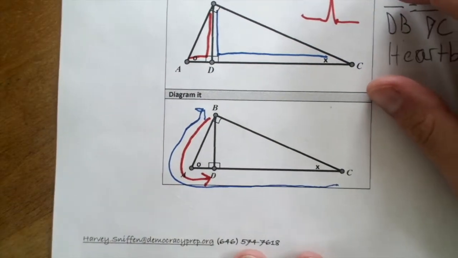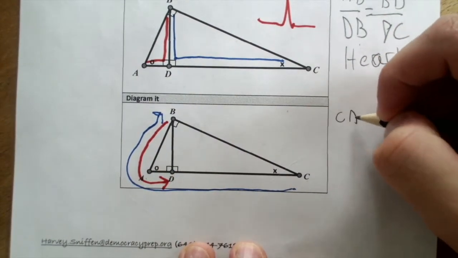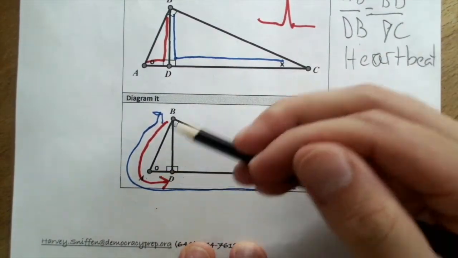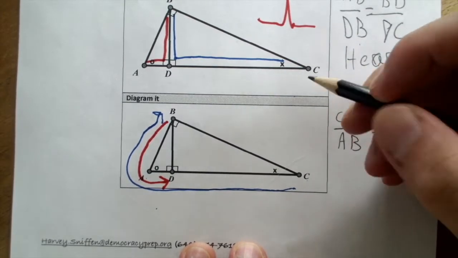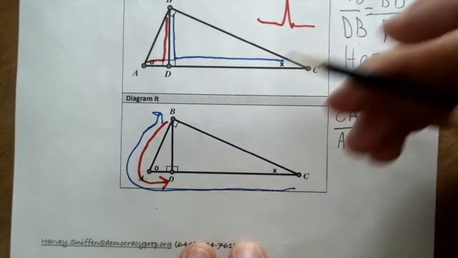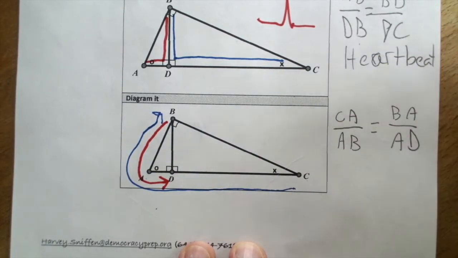We set this up as a statement. I'm going to go from C to A and from A to B. We then go from B to A and from A to D.